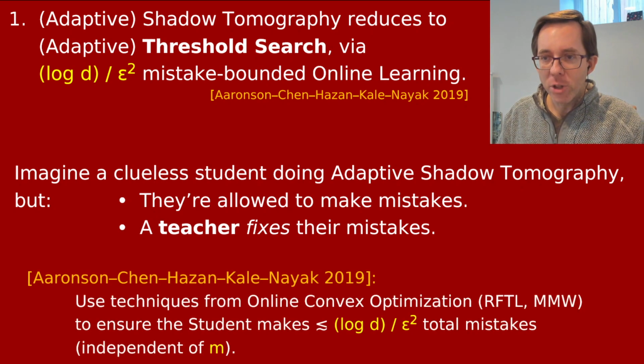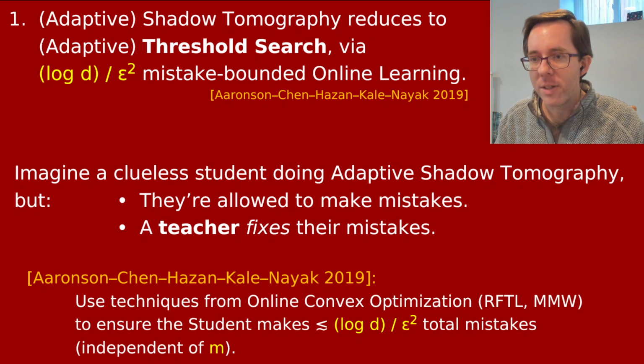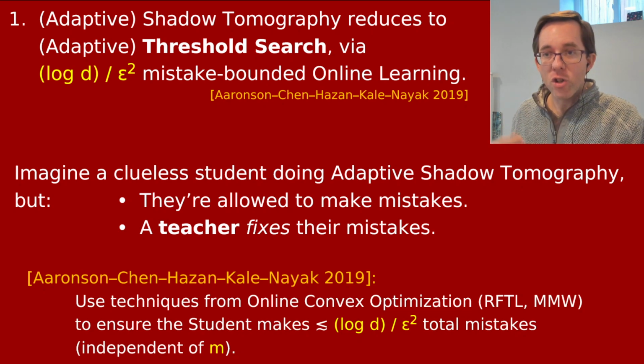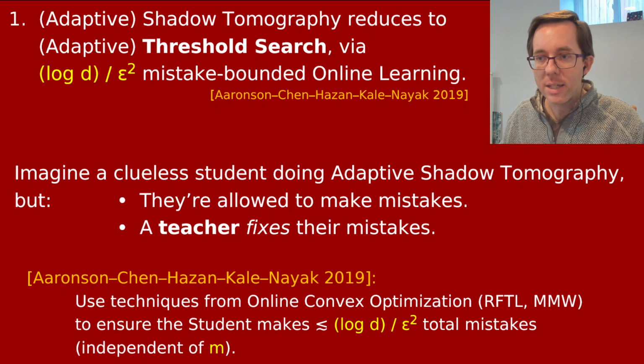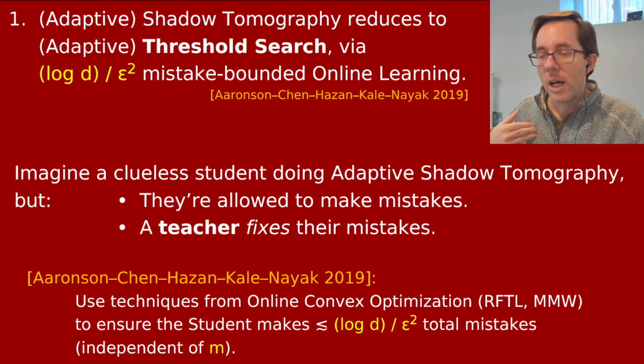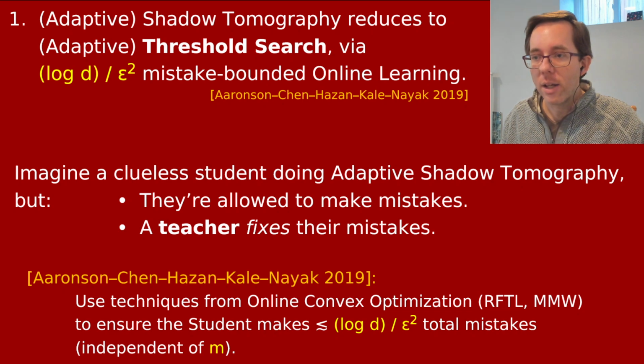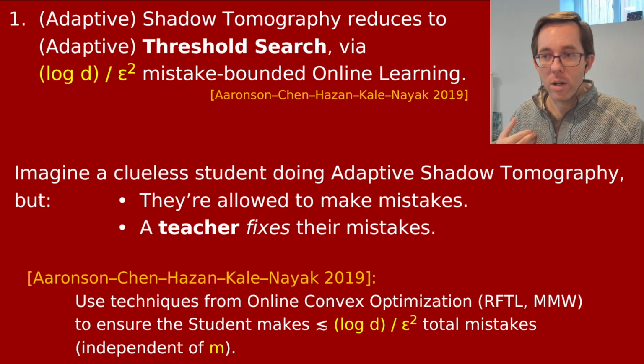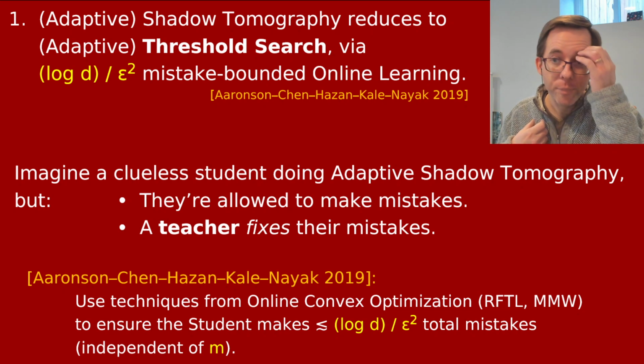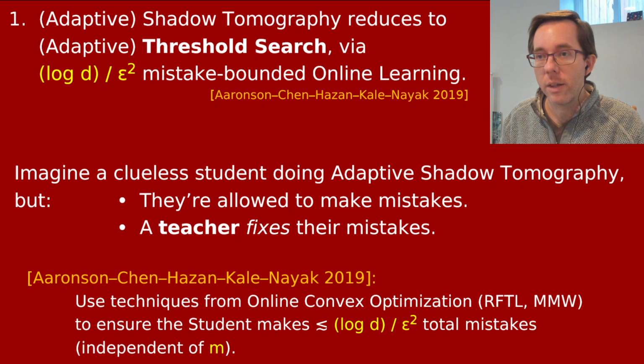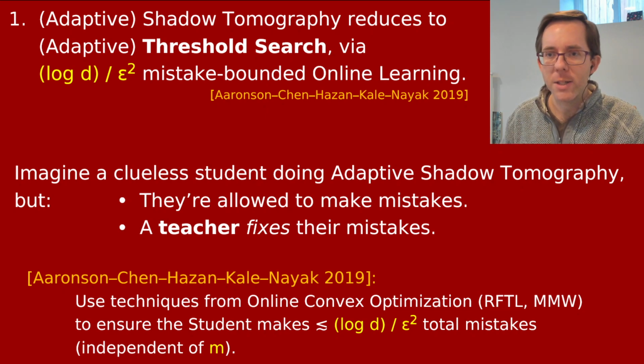And what this paper shows, using techniques from online convex optimization, is that there's a strategy for the student to get accurate guesses of the probability value of all these A_t, all m of them, such that the student never makes more than order of log d over epsilon squared mistakes. And this is independent of m. Perhaps you have even seen this result in the classical learning scenario. This paper extends it to the quantum version, so it's a generalization where vectors become matrices.